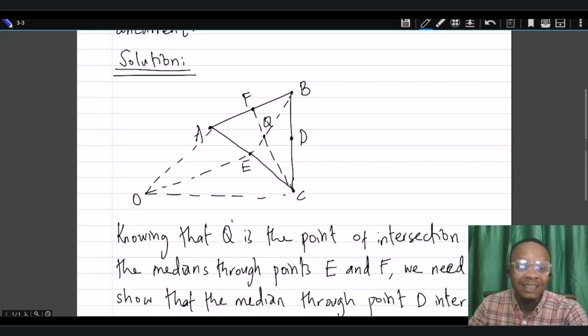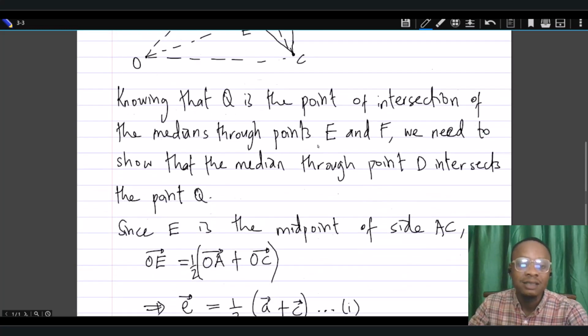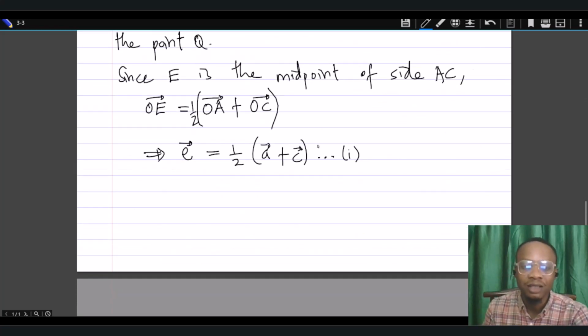Similarly, we will have the same results if we consider this side, since D is the midpoint of B and C. Then the position vector representing B added to the position vector representing C and divided by 2 must give us the position vector representing D. So we don't have to go through all of these processes any longer.